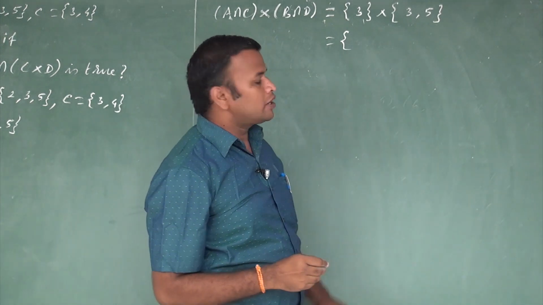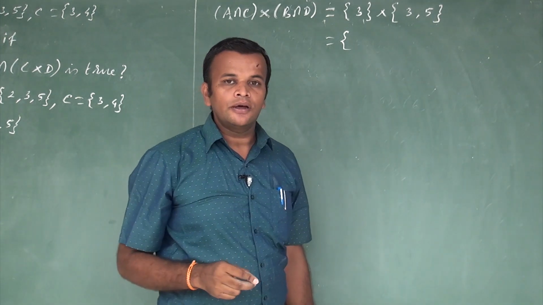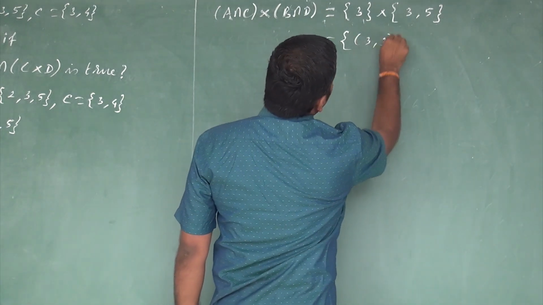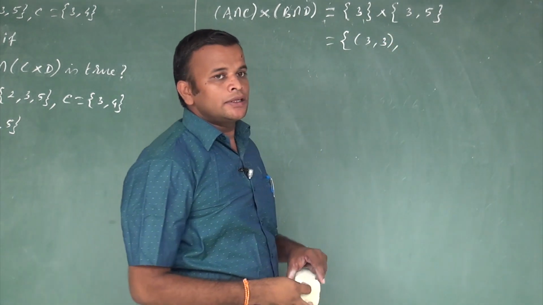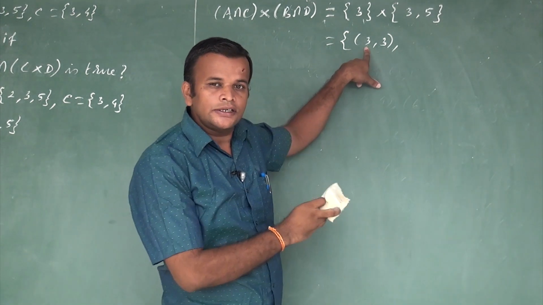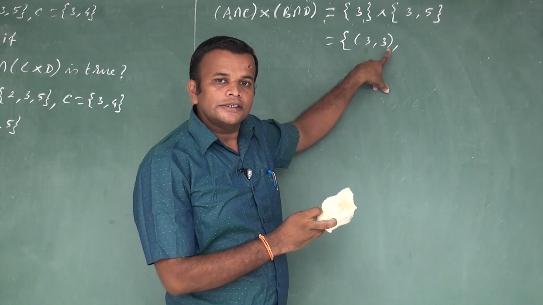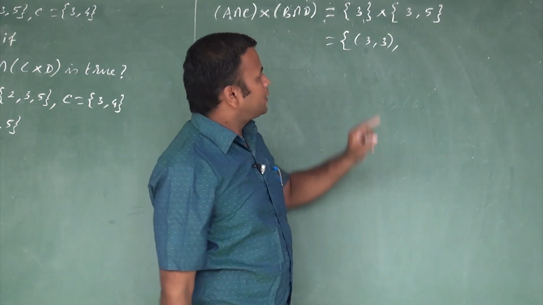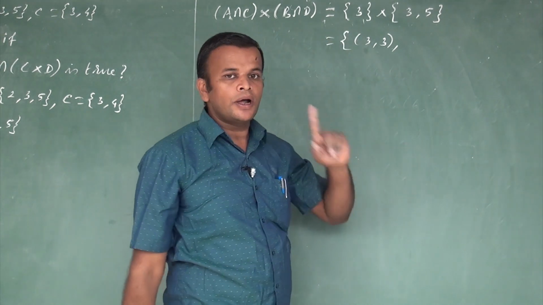The first possible ordered pair is (3, 3). How does (3, 3) come? Always in the ordered pair, the first element lies in the first set and the second element lies in the second set. But the first set contains only one element.